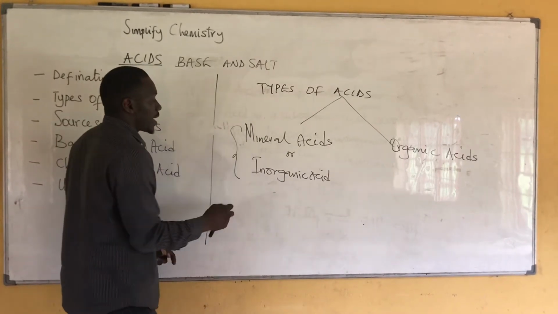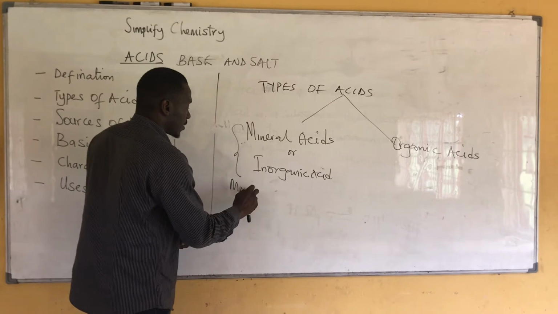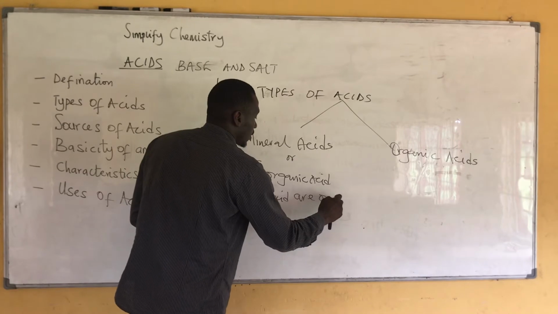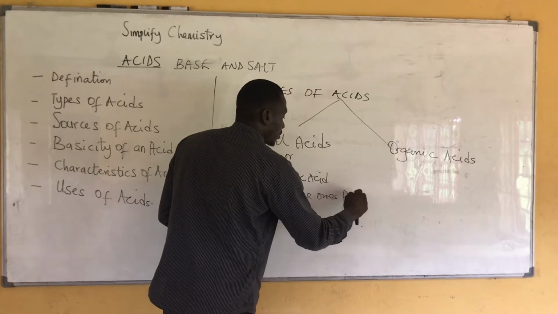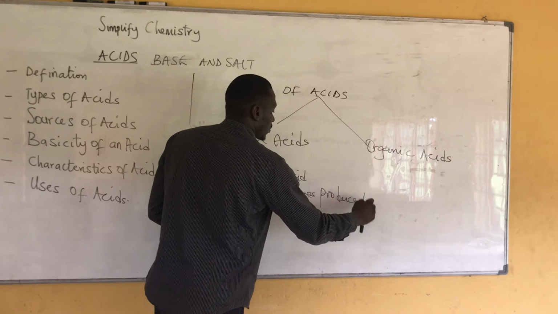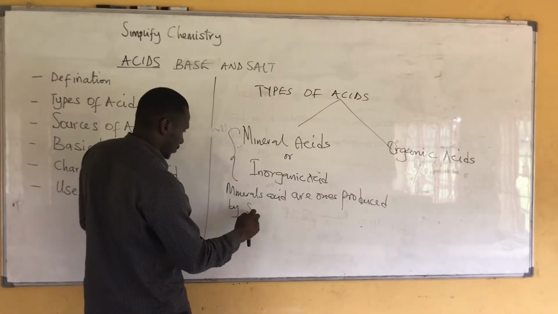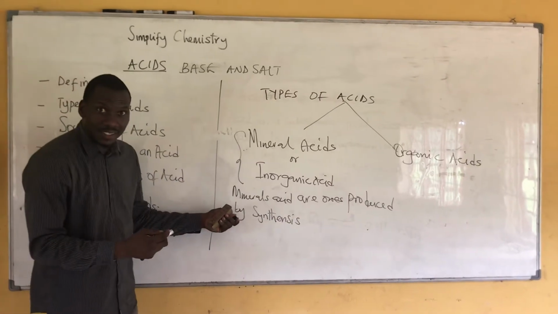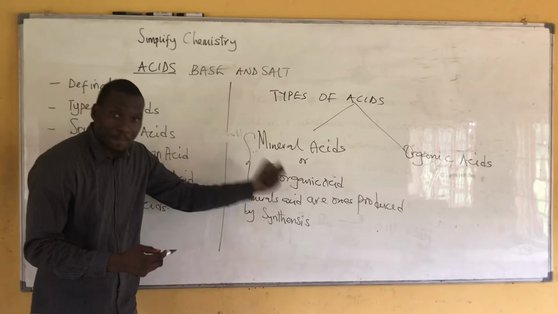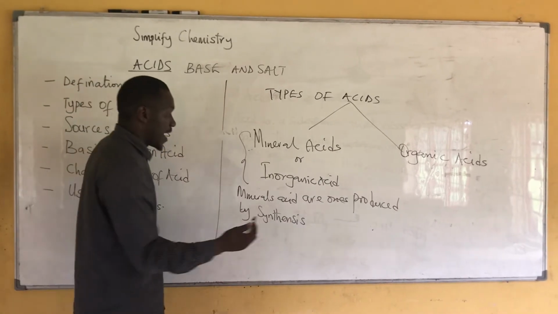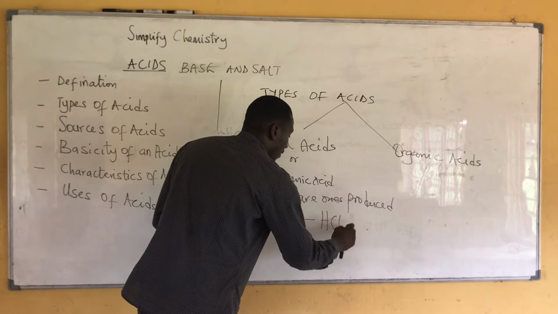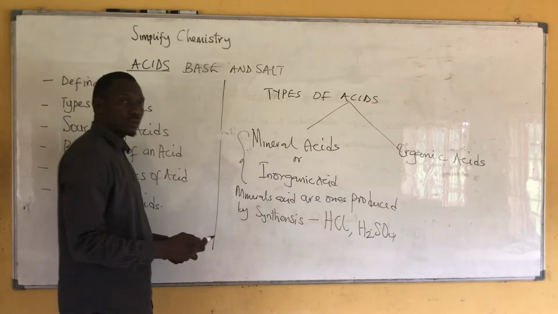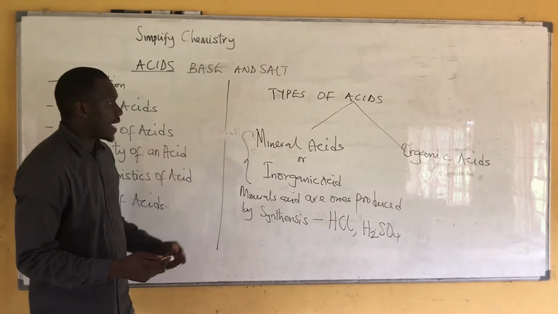Let's talk about these mineral acids. Mineral acids are the ones produced by synthesis. They are manufactured in the laboratory. Examples are your common hydrochloric acid, your tetraoxosulfate 6 acid, and so on. They are mineral acids.